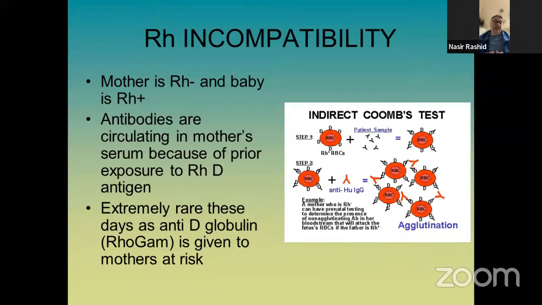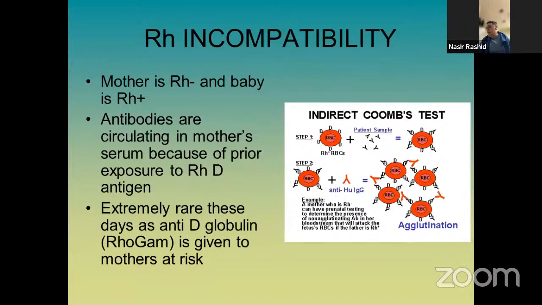This is different from the ABO incompatibility because in Rh incompatibility, the mother is Rh negative, baby is Rh positive, and if the mom did not receive RhoGAM, she has antibodies circulating. When you add the reagent, those antibodies clump the red blood cells together.